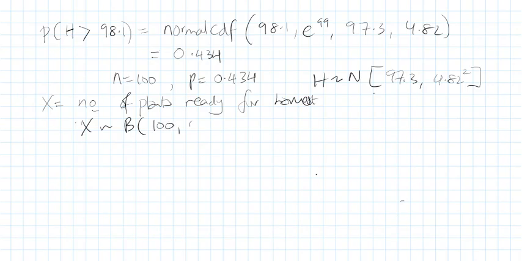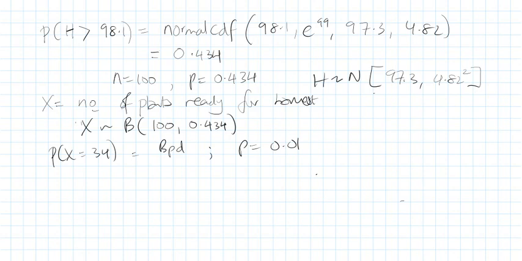And p is equal to 0.434. Then it says exactly 34, so you would do PDF. Exactly, PDF. So 100, 0.434, x value 34, 0.0154.